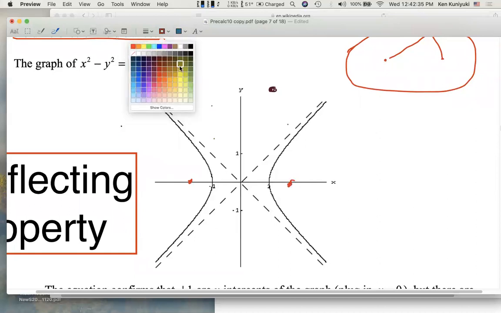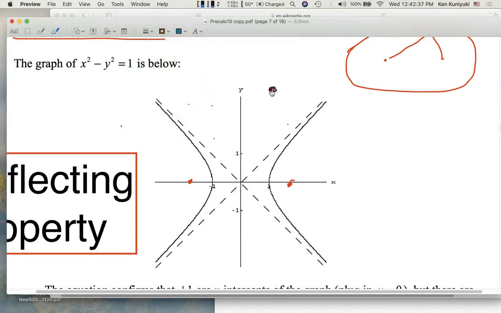Let's say that we aim a projectile towards this focus over here. But it doesn't make it all the way. It hits this hyperbolic surface. And from this point on the hyperbola, it's reflected. And the way it's reflected is that it's then directed towards the other focus. So that's the reflecting property of a hyperbola.